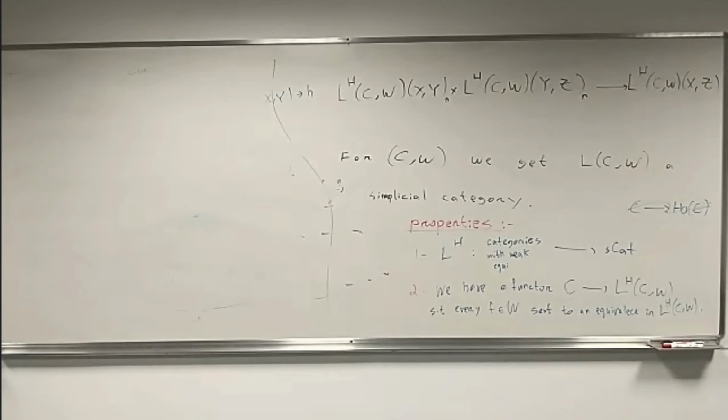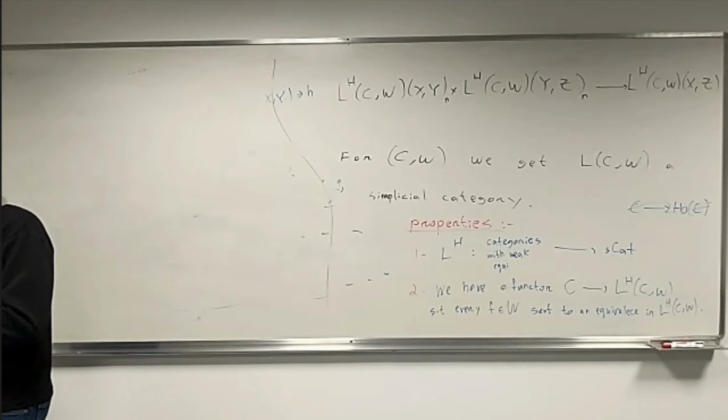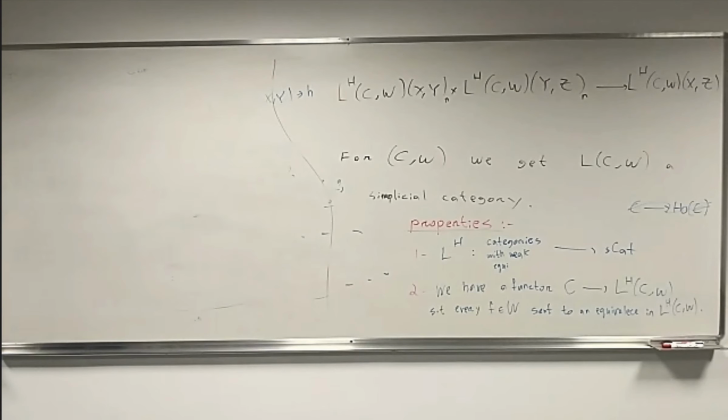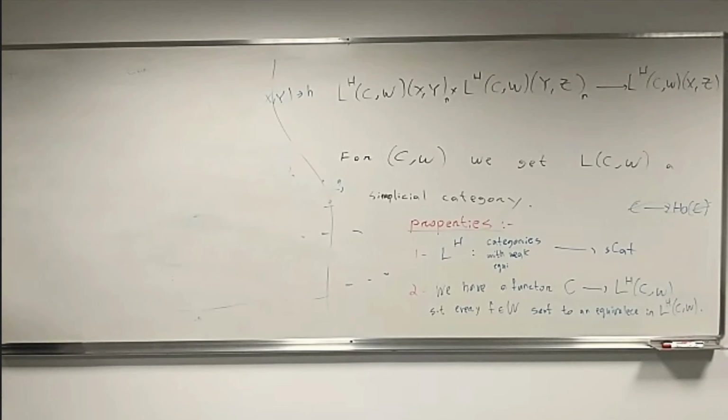It is a model category plus a simplicial category at the same time, but of course with something that connects the homotopy theories of these two, the categories as categories and as homotopy theories.